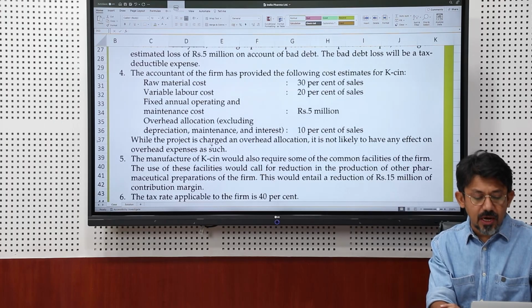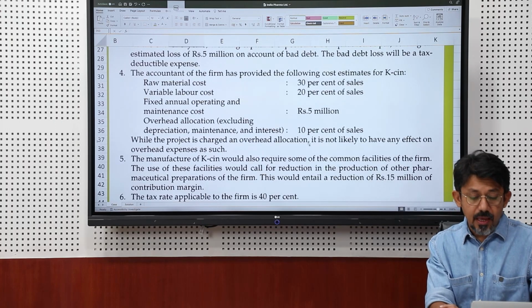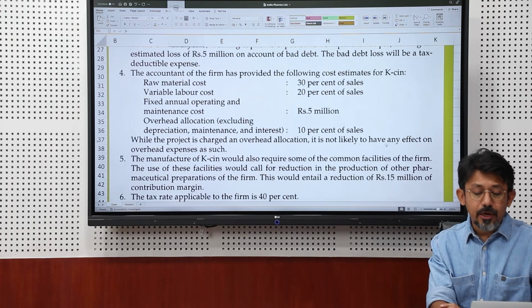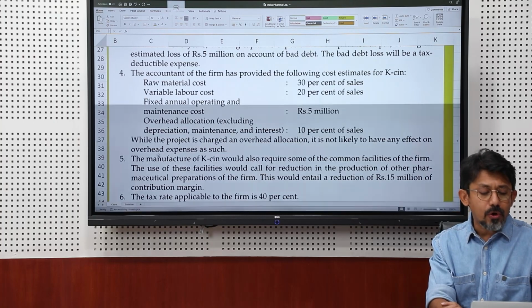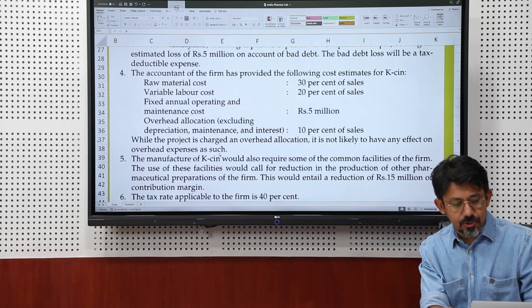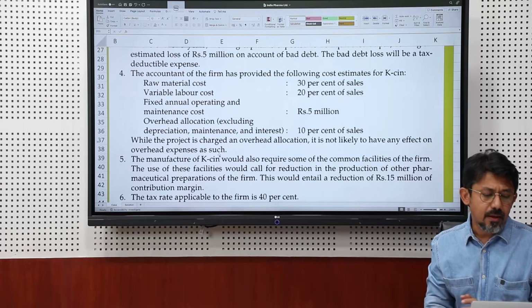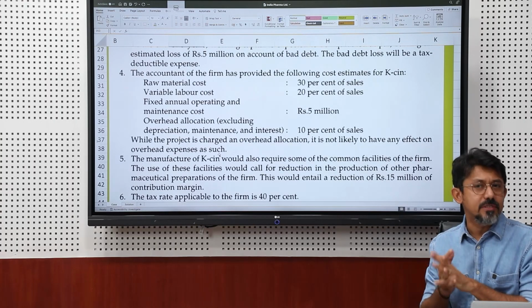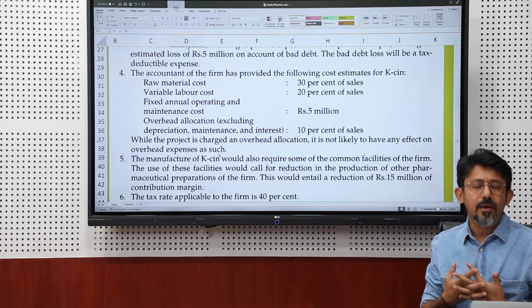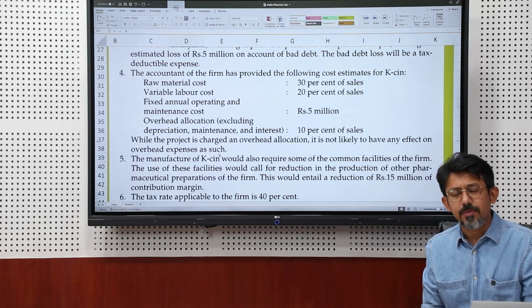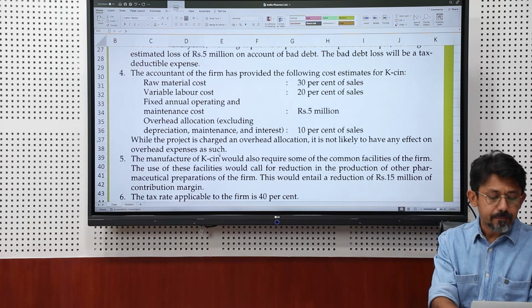While the project is charged an overhead allocation, it is not likely to have any effect on overhead expenses as such. I will come back to this again, but this requires a little bit of discussion as we go on to calculate and estimate the future cash flows.